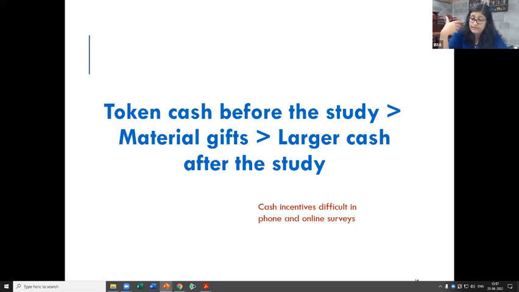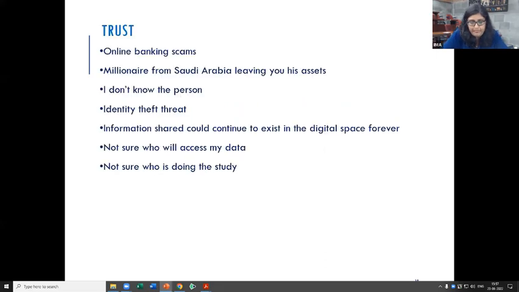So now I will feel more responsible, more obliged to take the survey. Whereas if I know that I might be a part of a lucky draw and I'm never a winner in those cases, I don't care. However, it's difficult in a phone survey, it's difficult in an online survey. You can do it only when you know the people and you do in-person surveys.